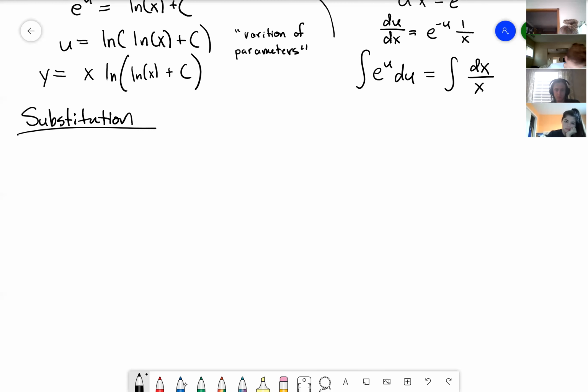So substitution, how does this work? Roughly speaking, this is the rough idea.